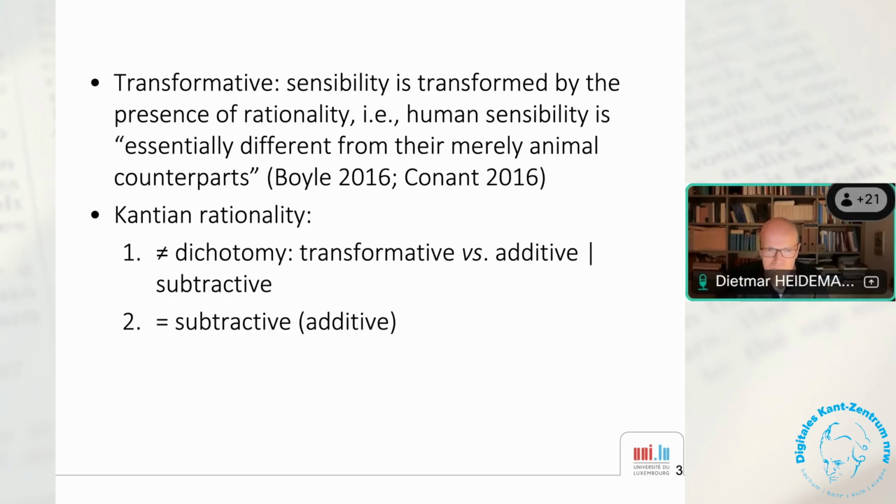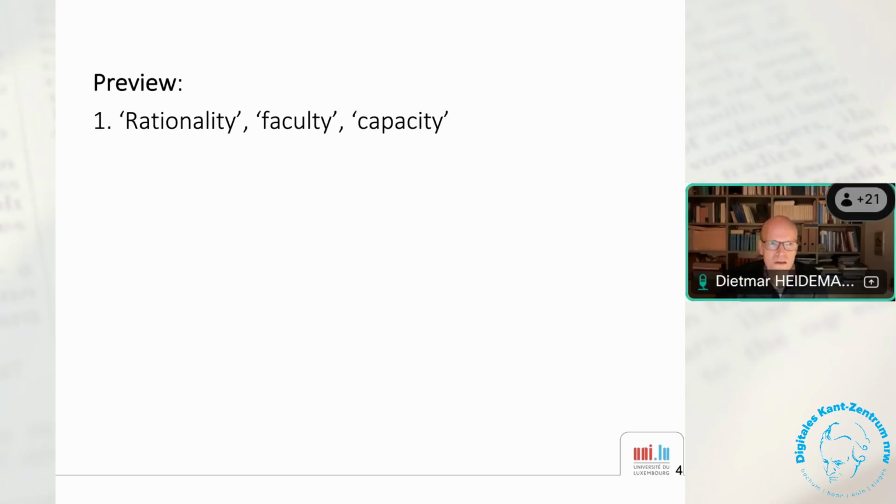So I'm going to proceed as follows. In preparation of my argument, in the first section, I will distinguish, with respect to the concept of rationality, between faculty and capacity, because Kant makes that distinction actually.